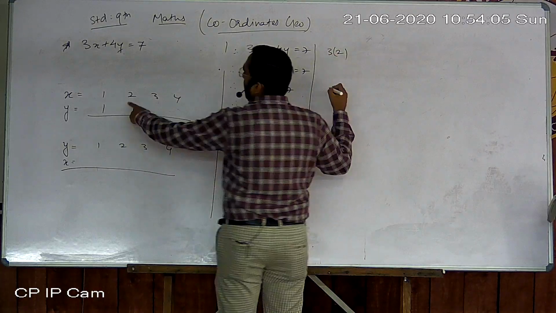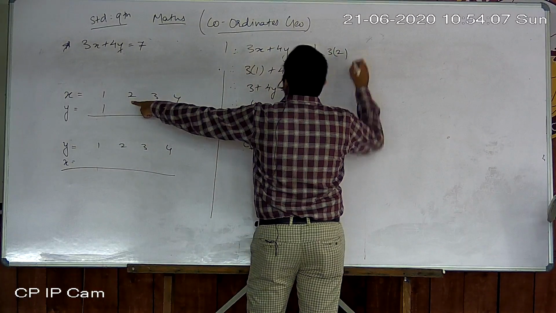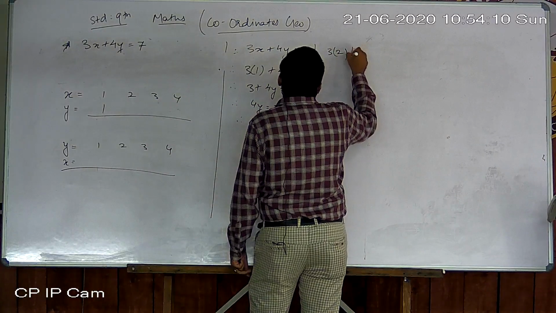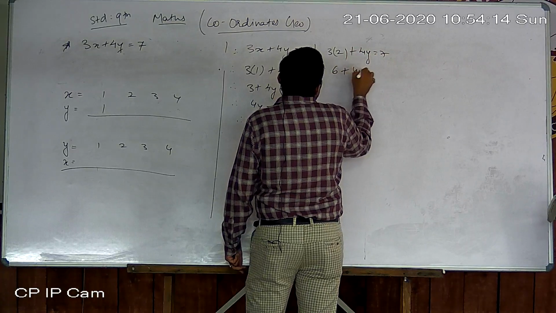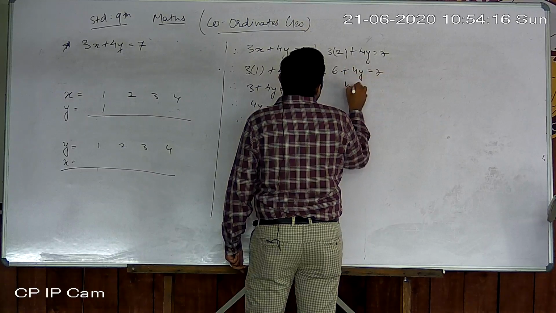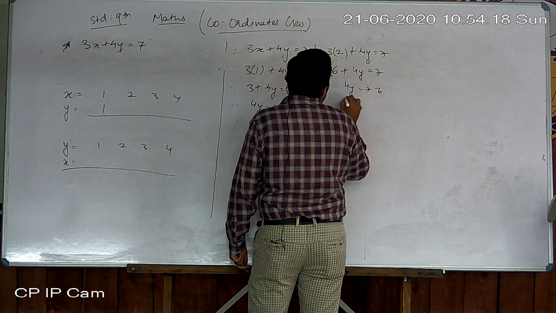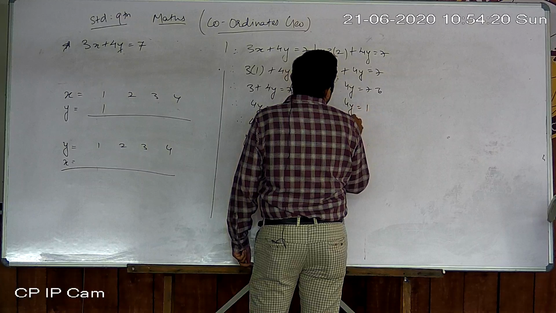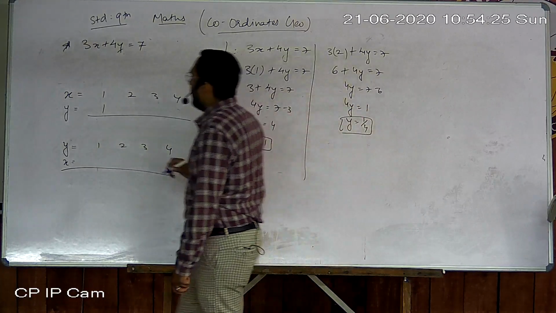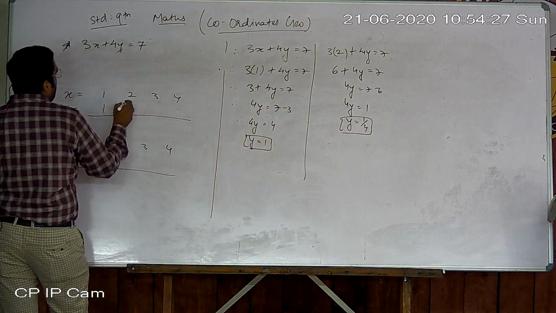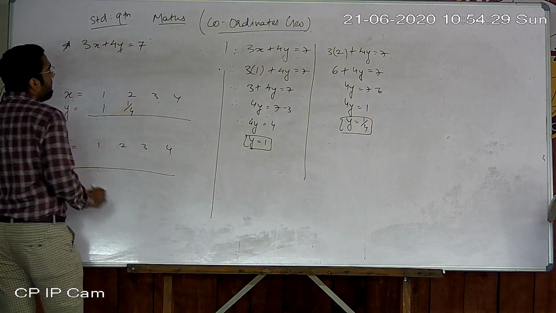So second, I'll put the value of 2 for x in the equation, and I found 6 plus 4y equal to 7, that is 4y equal to 7 minus 6, that is 4y equal to 1, that is y equal to 1 by 4. When I put the value of x as 2, I'll find the value of y as 1 by 4.